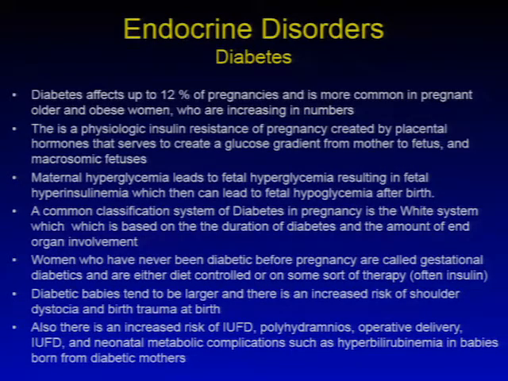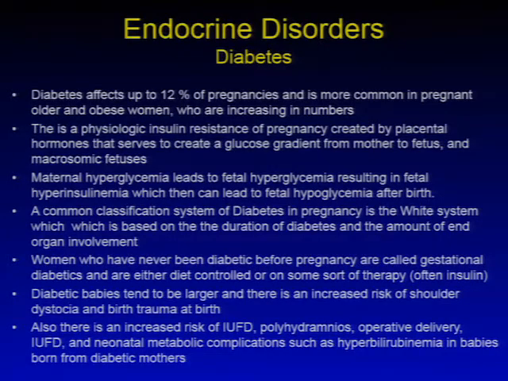A common classification of diabetes in pregnancy is the White system, which is based on the duration of diabetes and the amount of end organ involvement. Women who have never been diabetic before pregnancy are called gestational diabetics and are either diet controlled or on some sort of therapy.